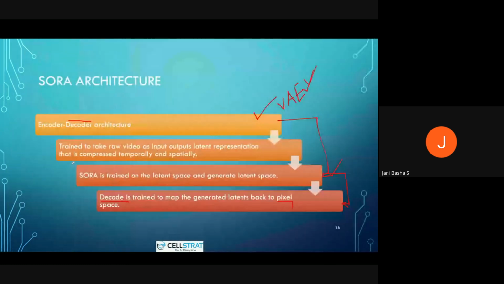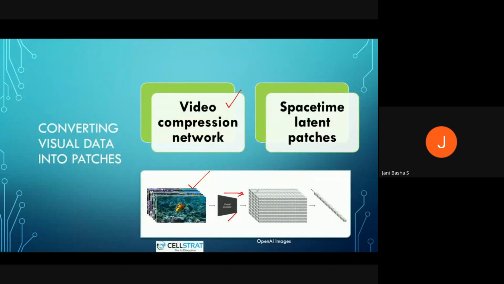That's why you can see that the generated latent space is not two-dimensional here. We have multiple dimensions. In a way we can consider each layer in the front side as a frame: this is frame 1, this is frame 2, this is frame 3.